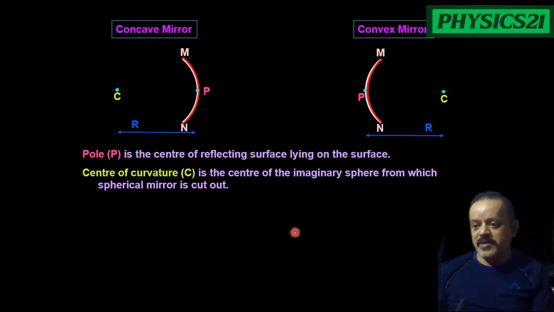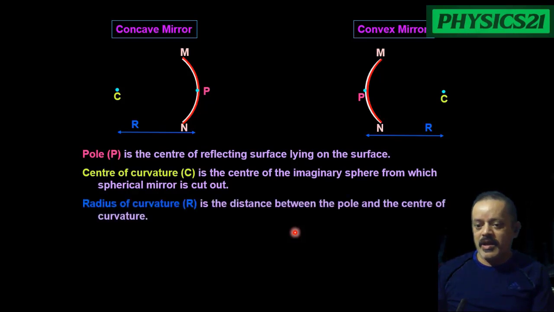Now, radius of curvature. It is the distance between the center of curvature and the pole. So in this diagram, the separation between C and P is known as the radius of curvature, denoted by capital R.